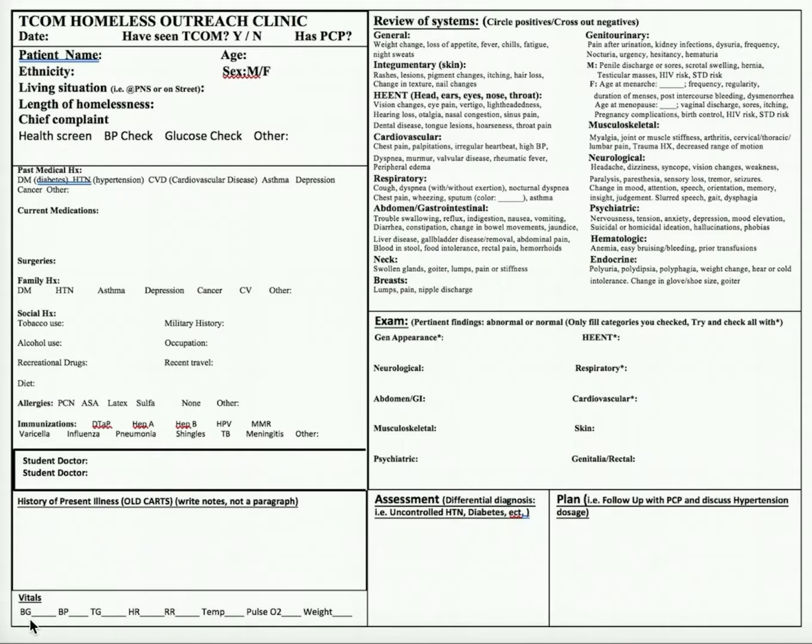Now, the key here is we need to be able to distinguish between something that is a medical emergency and something that is not a medical emergency. If a patient shows up with a blood glucose of 600 and they're sweating and they're lethargic and they're unable to stay awake and maintain a conversation, then that's a medical emergency and they need to go to the ER.